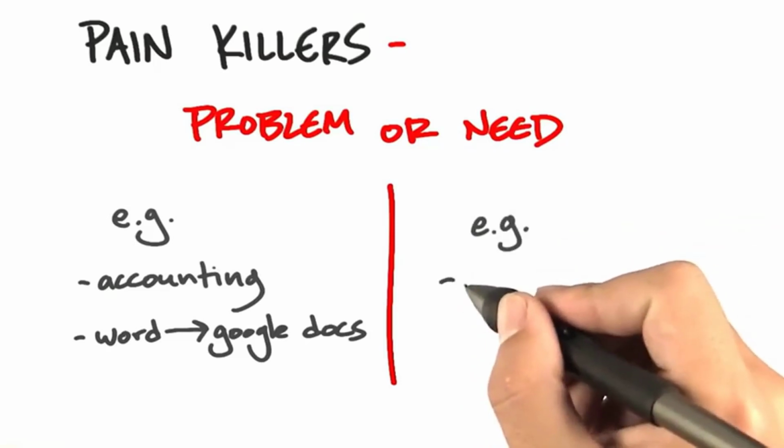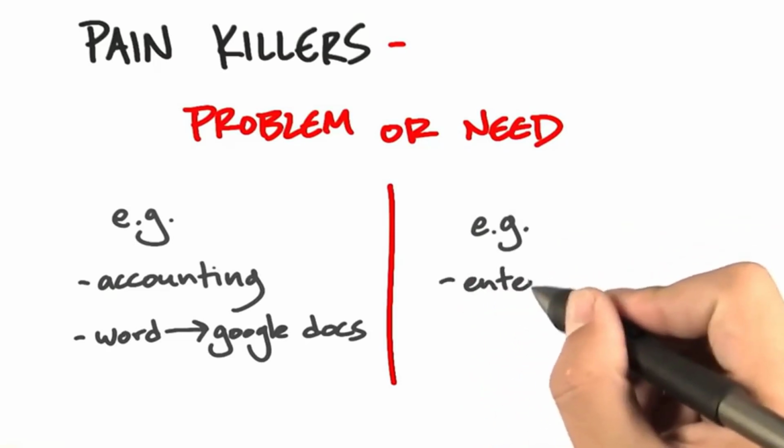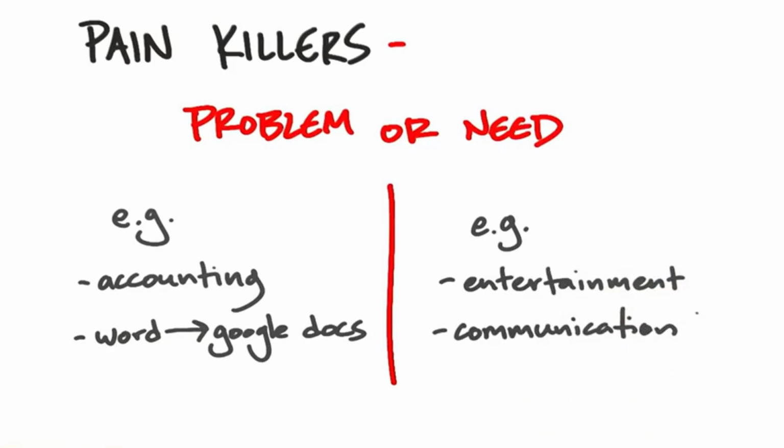Well, a need might be a need to be entertained, a need to communicate. Needs are something that are universal across all 7 billion people on the planet. Your total available market, plus or minus a couple of billion, maybe kids 0 to 5 don't have those needs, but eventually you will find market sizes for needs to be multiples by orders of magnitude above solving problems.